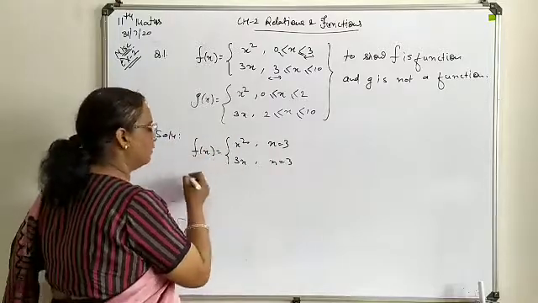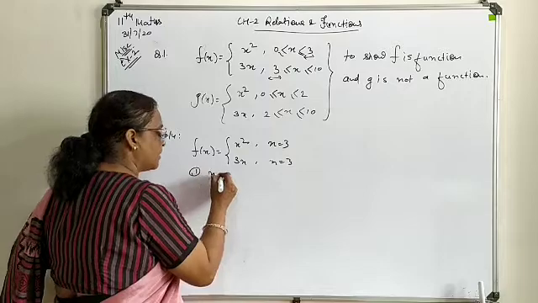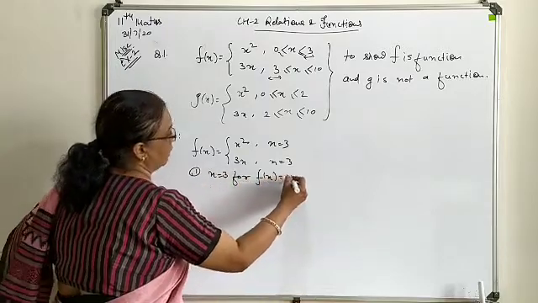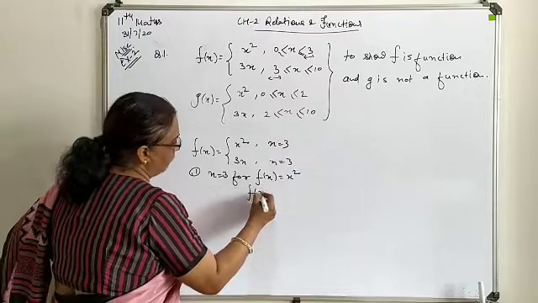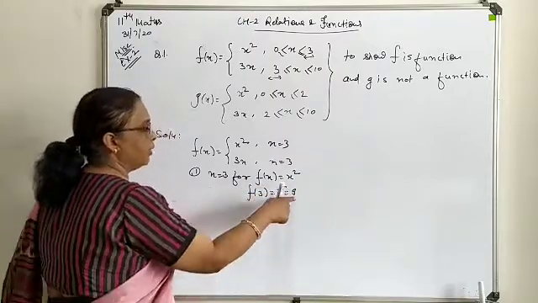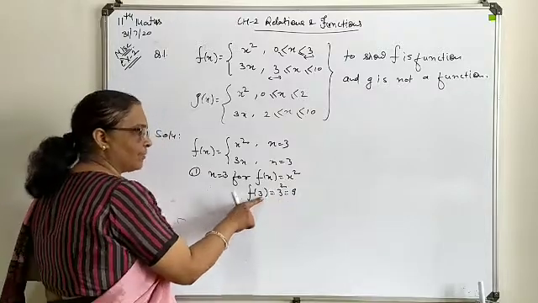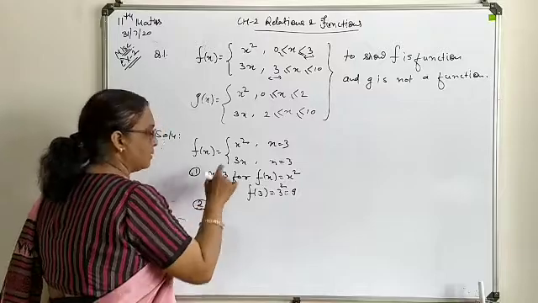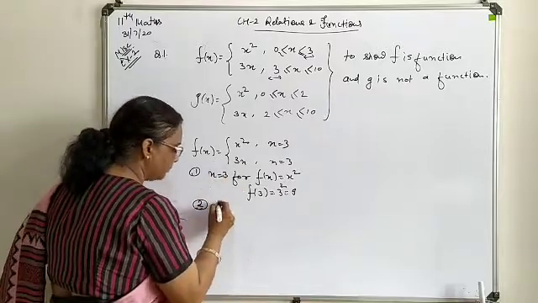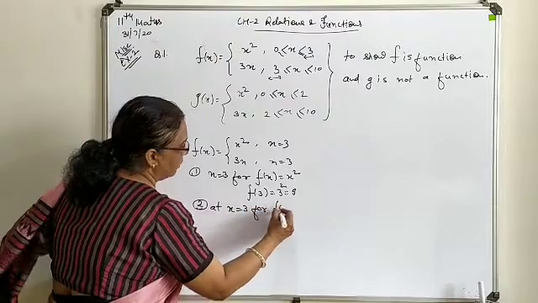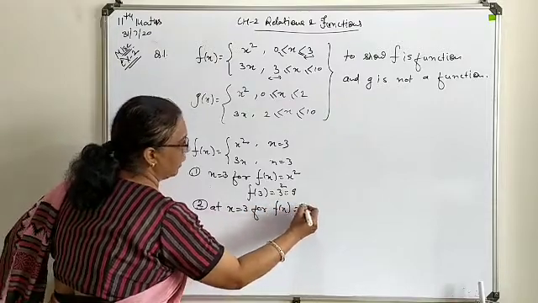Let's go for the first case, x equal to 3 for f(x) = x squared. f(3) means 3 squared, that is 9. So 3 maps to 9. Second case, again at x equal to 3, the relation is 3x.